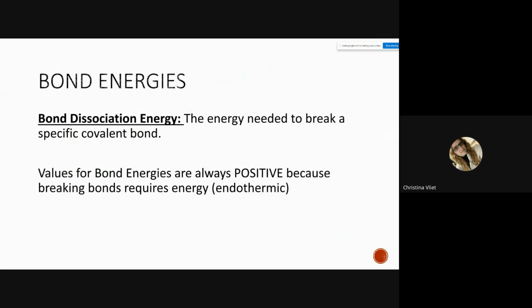So what is the definition for bond energy? It is actually the energy needed to break a specific covalent bond, and it would be 1 mole of that covalent bond. So it is going to be in kilojoules per mole again.